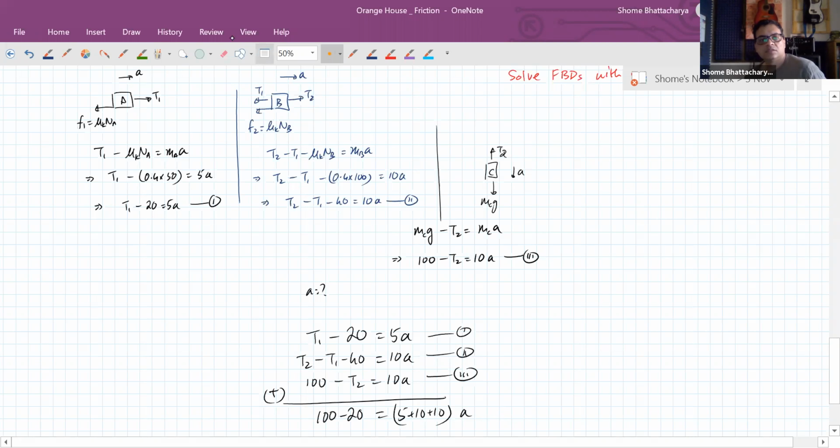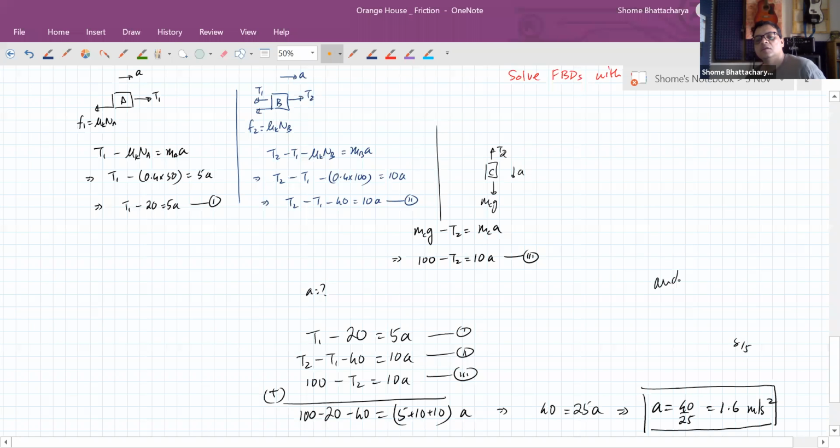So we have 40 is equal to 25a. So the common acceleration in magnitude for all the blocks is 40 by 25 or 8 by 5 or 1.6 meters per second squared. So this should be a final answer for the third part.